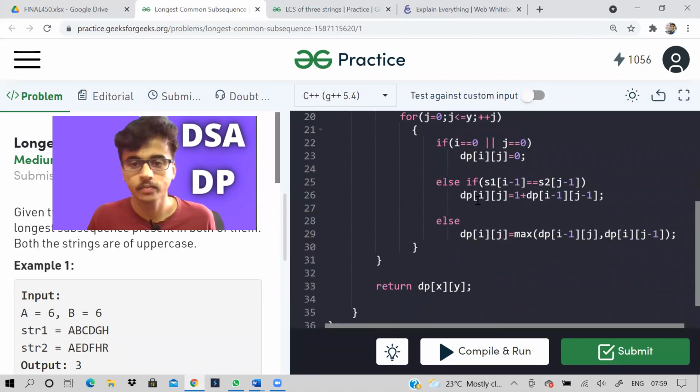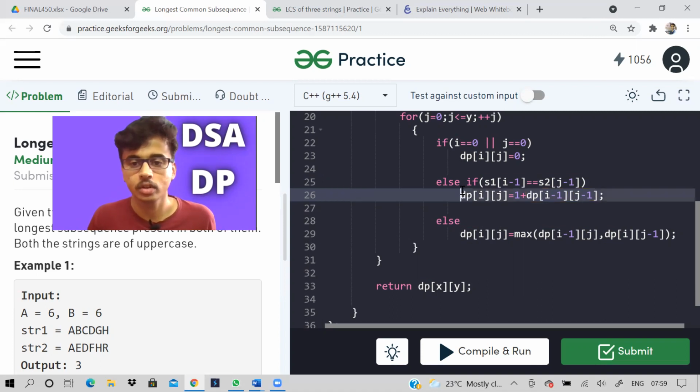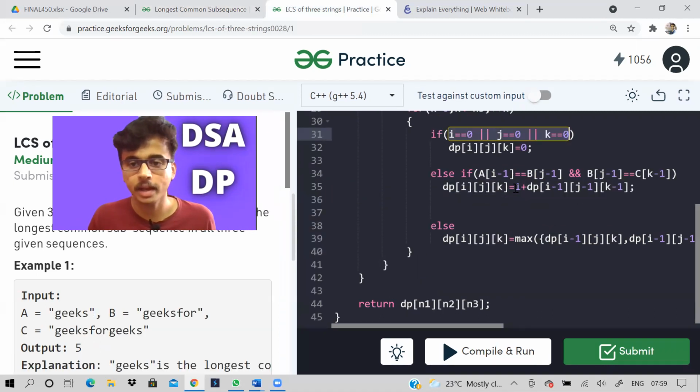And look at here, if the characters of S1 and S2 are equal, then we will include that in our answer, and our answer will be like the diagonal elements. Not exactly the main diagonal, but yeah, you can say diagonally left. So the same thing we will apply here, and we will do 1 plus dp of i minus 1, j minus 1, k minus 1.